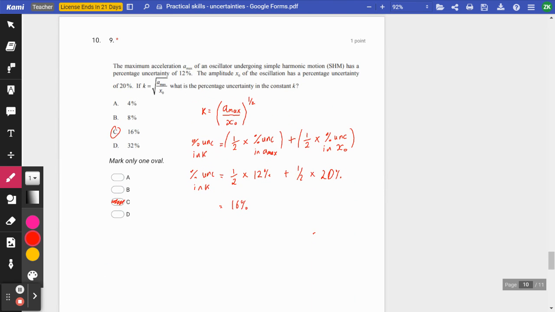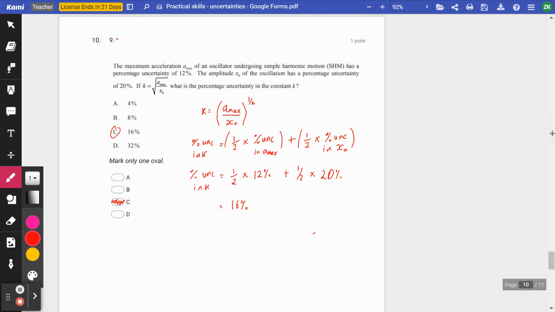And question 9. They'll give you another formula. It's on oscillations. We don't really need to know the theory, we just need to know the equation, which is given. They say, what is the percentage uncertainty in the constant k? It's already rearranged so that k equals, so we don't need to rearrange anything, but we know that the square root is a power of a half.